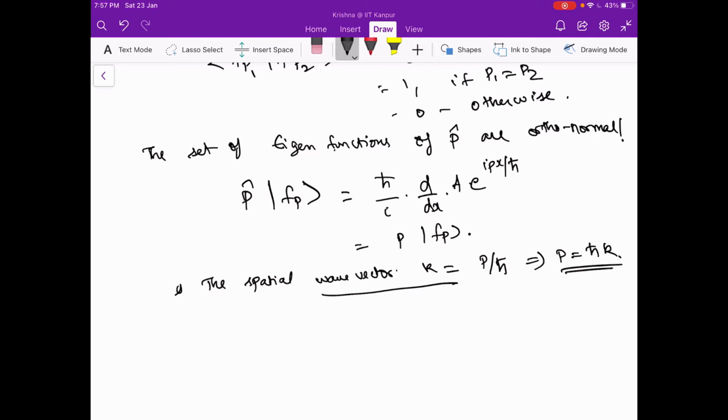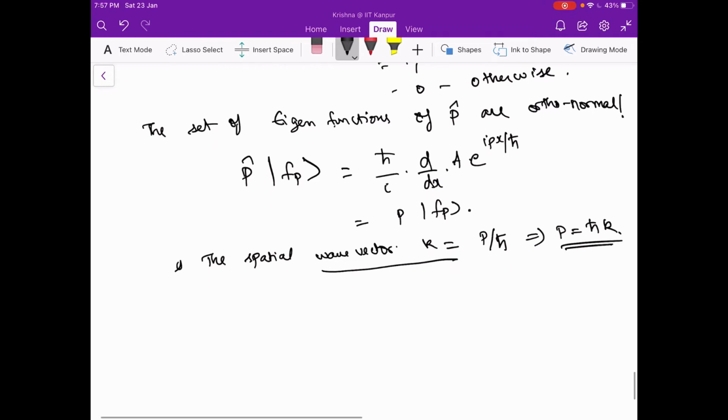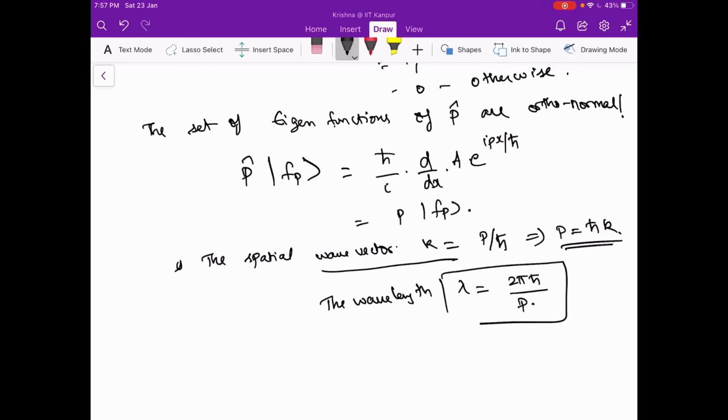This is the relation, and the wavelength lambda is 2 pi by k, which is 2 pi h bar by p, and we have once again received de Broglie's relation.